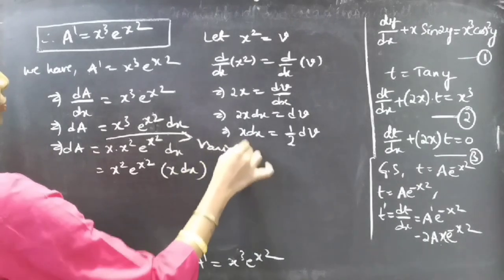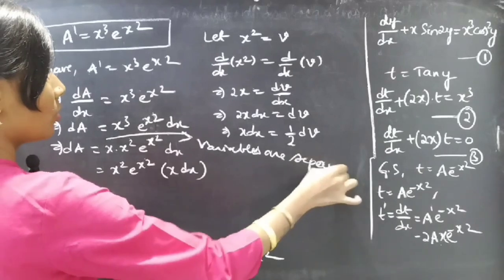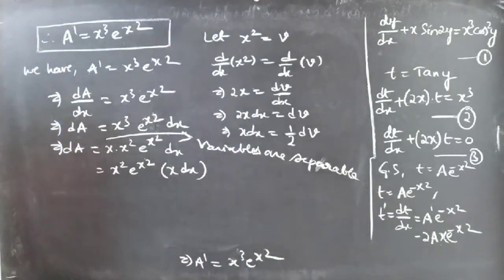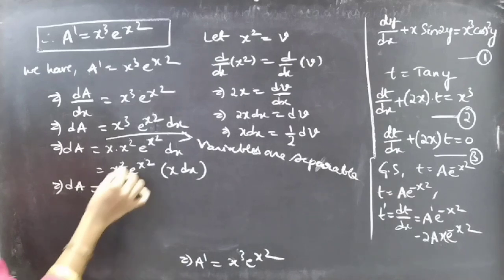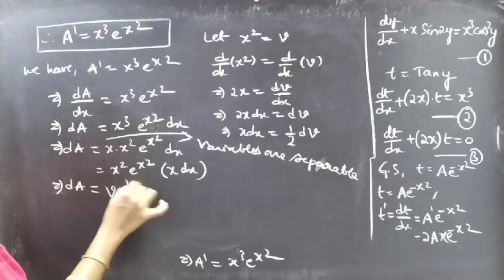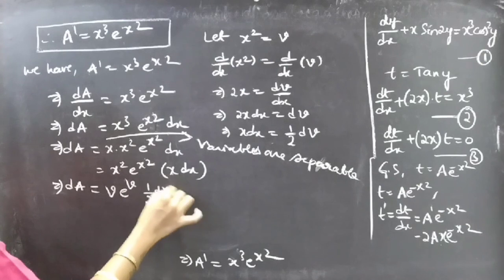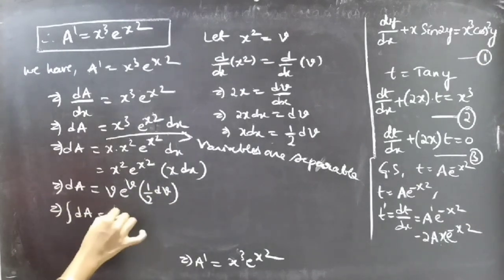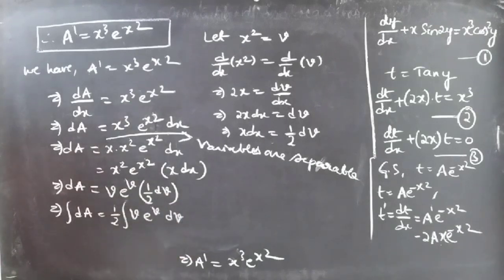Now we need to perform integration. dA equals, just replace x square with v, we'll get v into e power v into x dx, and x dx can be replaced with 1 by 2 dv. Now apply integration. Integral dA equals 1 by 2 integral v e power v dv.